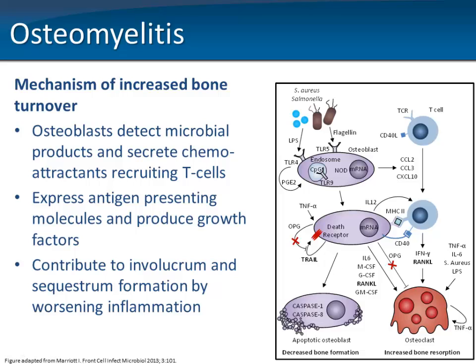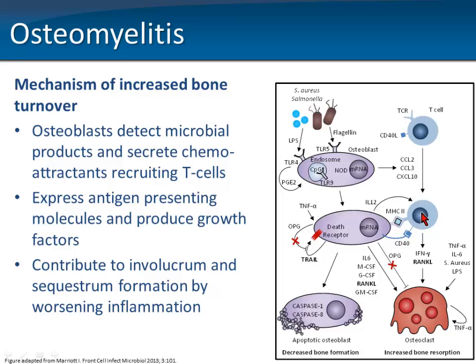And these products will result in regulatory T cells that will come to the place of the infection. These T cells will bind with the osteoblast, and the osteoblast will present to the T cell using MHC2 these parts of the bacteria it has detected.